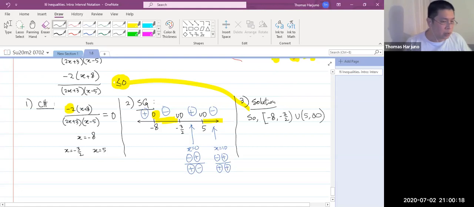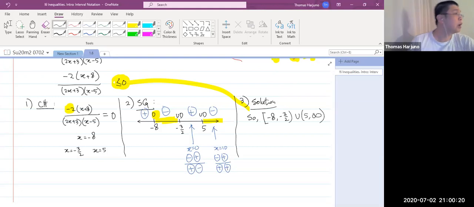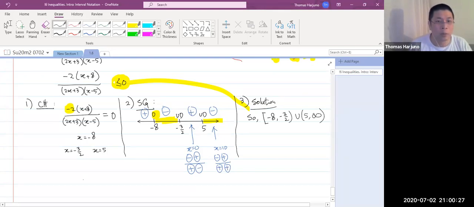Okay, now there are some little parts that we have not done for this section, which I will continue tomorrow. But your suggested homework will be section 1.6, number 7 to number 49.